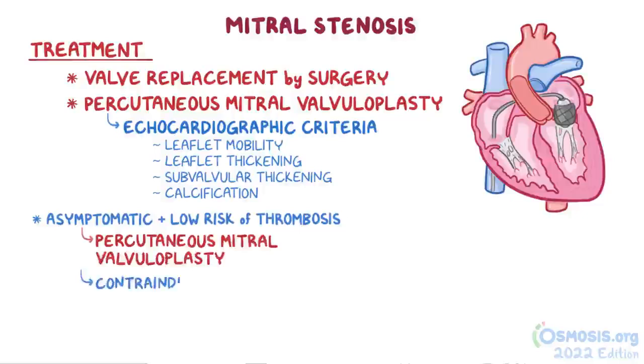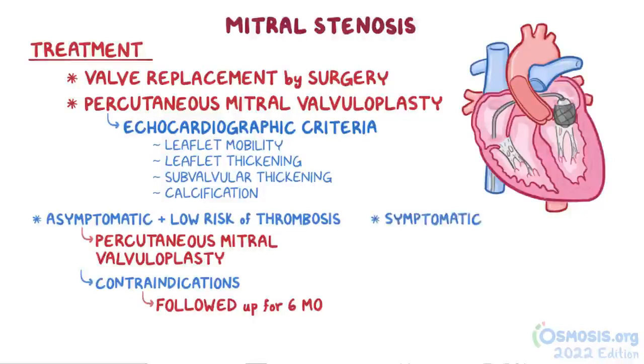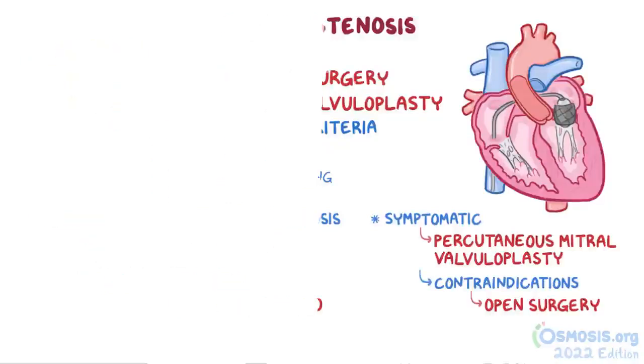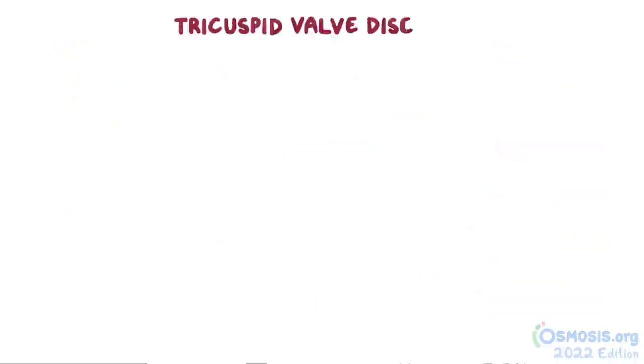If there are contraindications for percutaneous mitral valvuloplasty, the individual will be followed up for at least 6 months. In symptomatic cases of mitral stenosis, percutaneous mitral valvuloplasty is performed, and if there are contraindications, then open surgery is recommended.